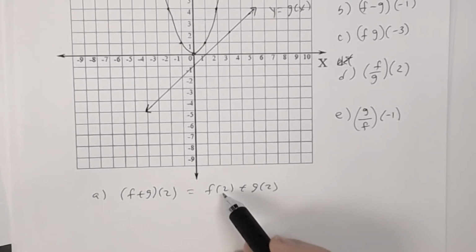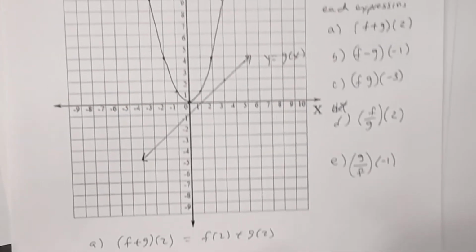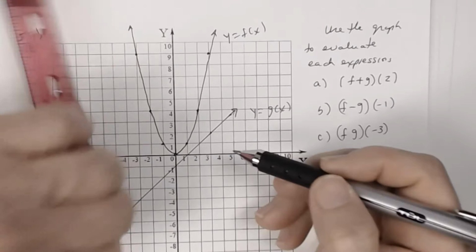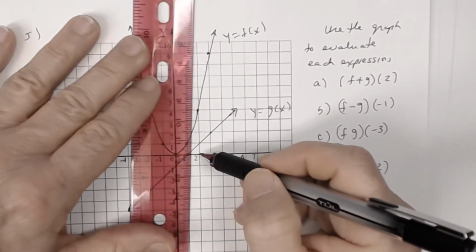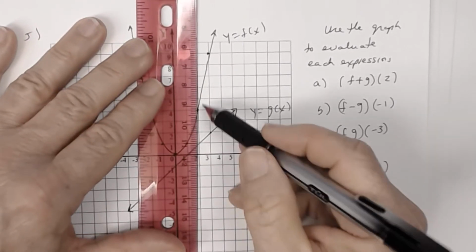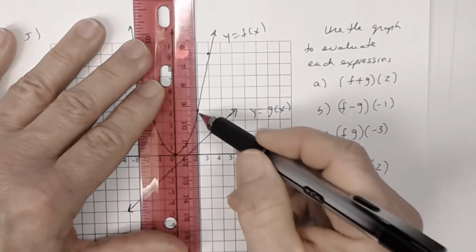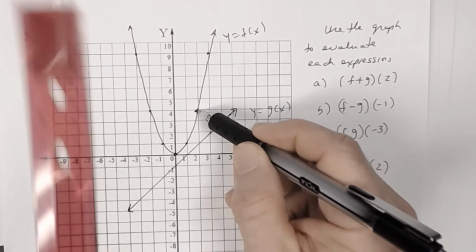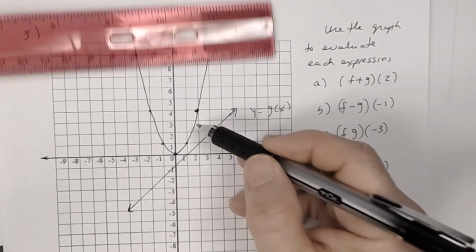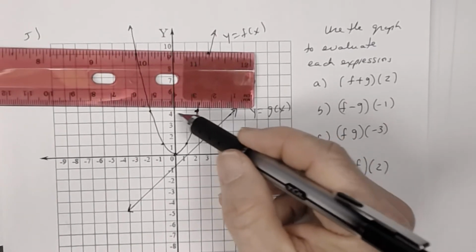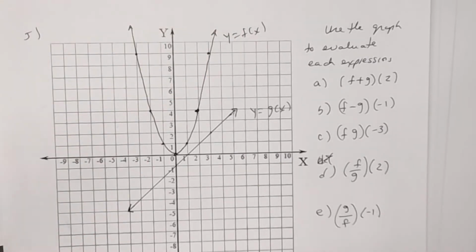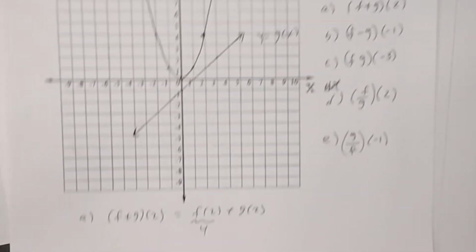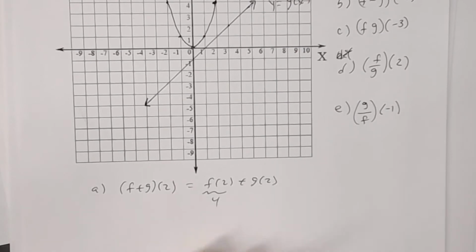So I go to my function f, and you see, x is 2 right here. So you use a ruler to help you. When x is 2, here's the point I'm dealing with. What's that y value? The y value is 4. So do y'all agree that f of 2 is 4?